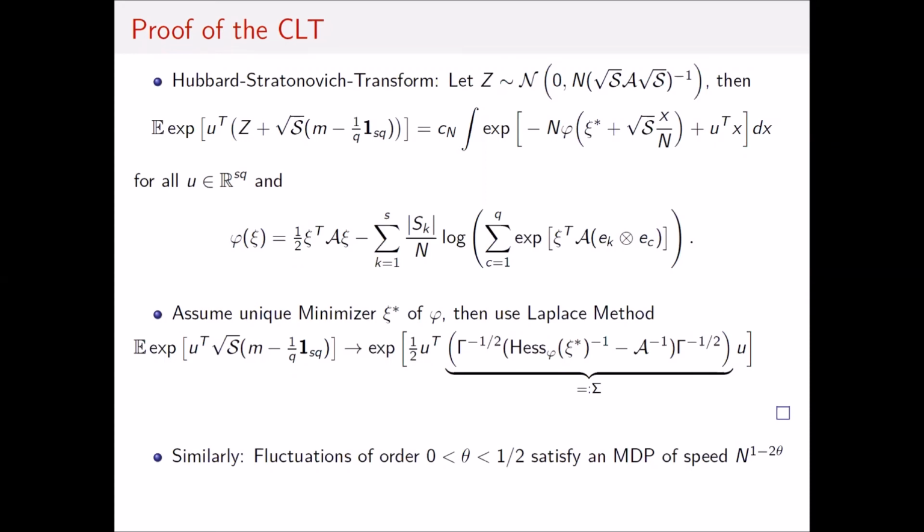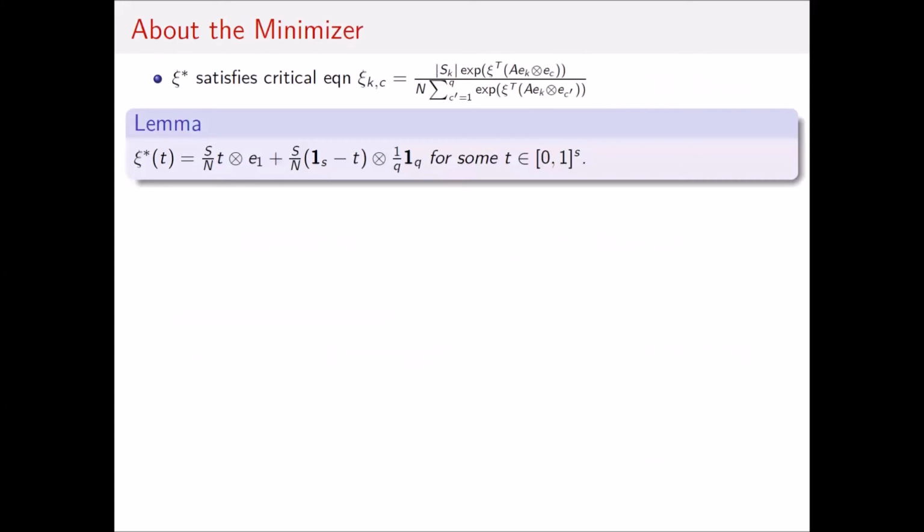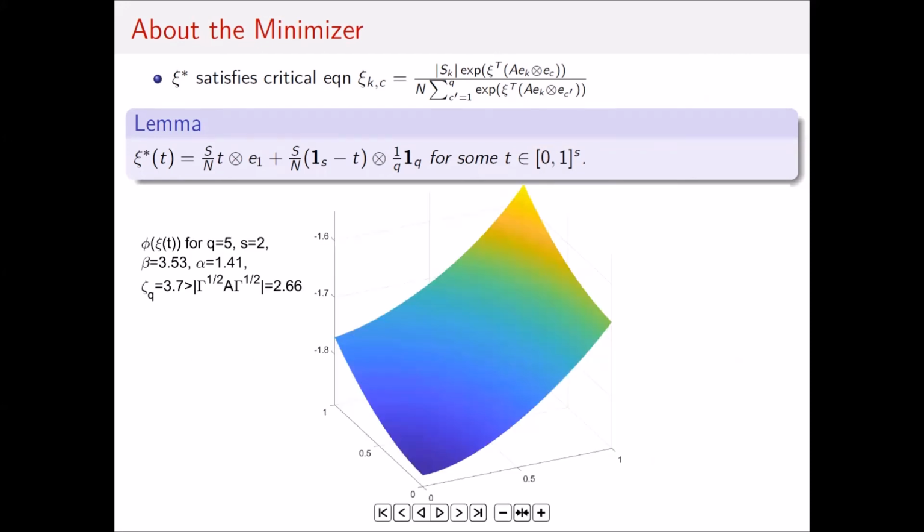Of course, finding this minimizer and proving that it's actually unique is the hardest and most technical part of the proof. So I will tell you a tiny bit about how we achieved that. This minimizer satisfies some critical equation. If you play a bit with it, it's possible to show that the minimizers are structured like a convex combination in an S-dimensional parameter t here.